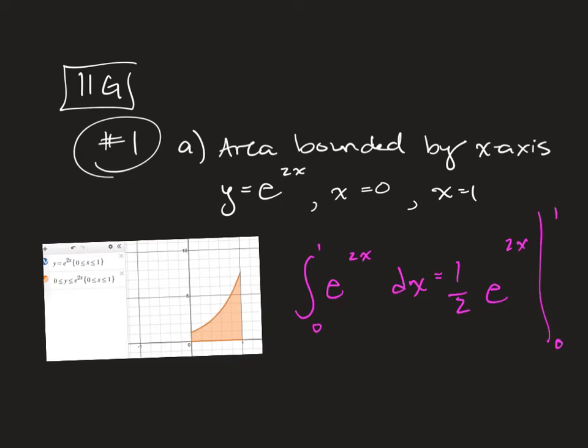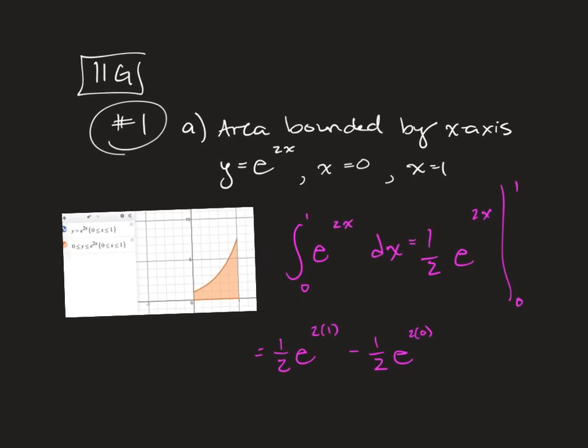And that will look like, we just plug in 1/2 e to the 2 times 1 minus 1/2 e to the 2 times 0. Well, anything to the 0 is just 1, so this is going to be a half. And then over here we're going to have 1/2 e to the 2.